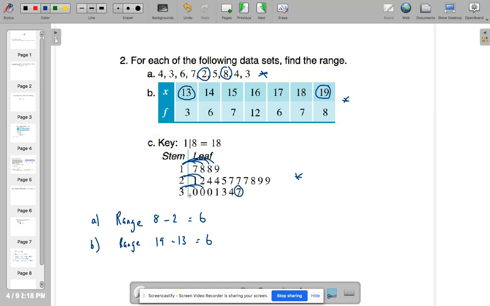Okay, the 3 stem and the 7 leaf. So our range equals highest, 37. The lowest is 17, 1, 7, minus 17 equals 20. Okay, so that's how you work out the range for 3 different types of data.